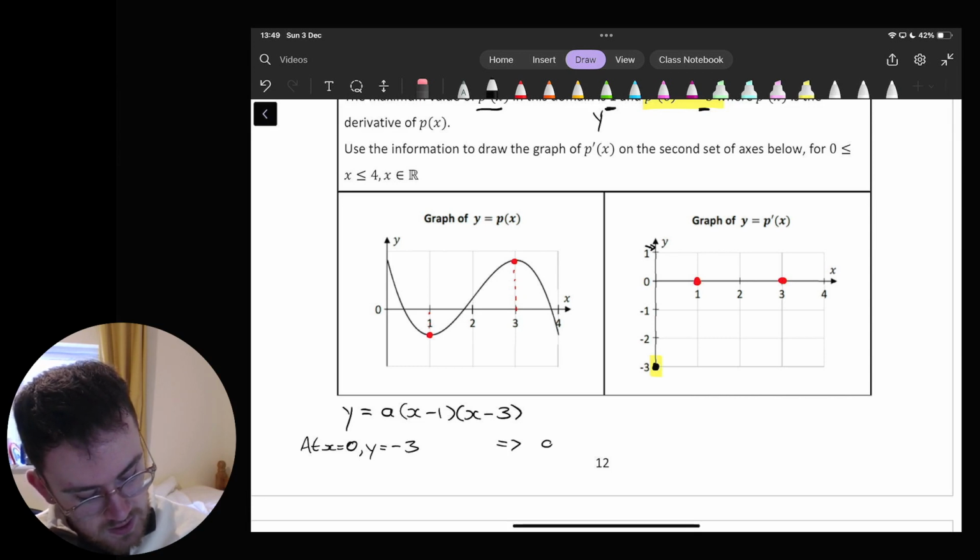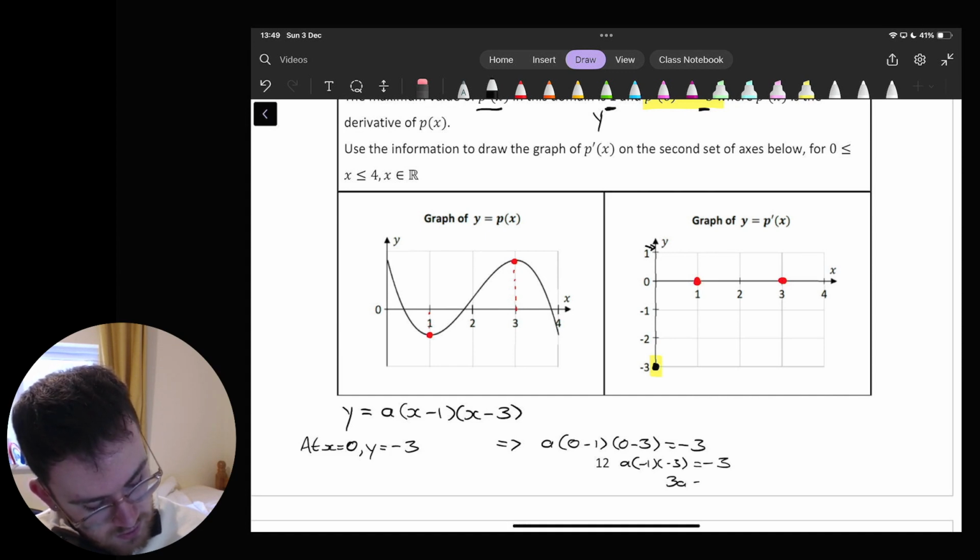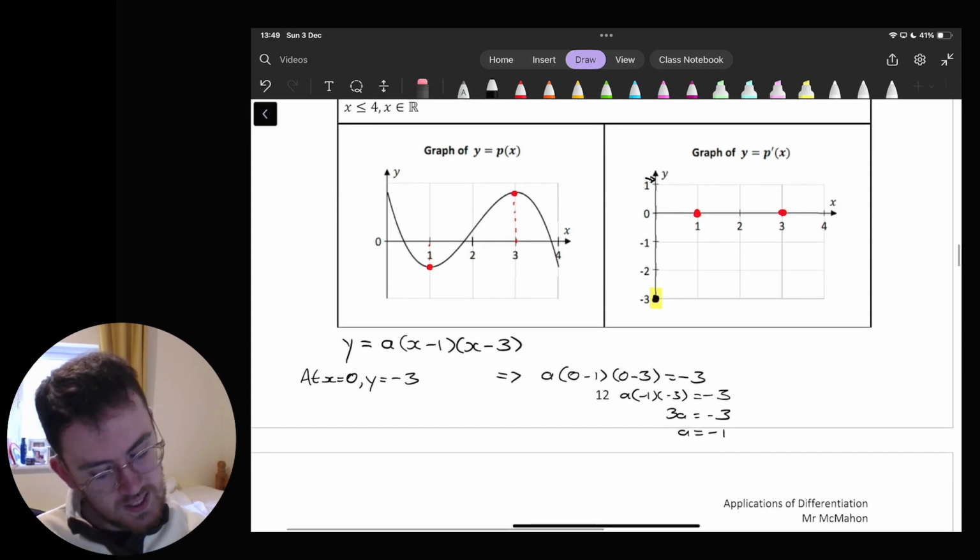So let's sub that in. So a times (0 minus 1)(0 minus 3) equals minus 3. So a times minus 1 times minus 3 equals minus 3. 3a equals minus 3, so a is minus 1.